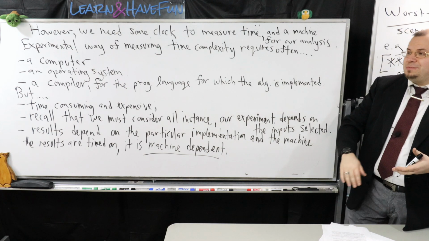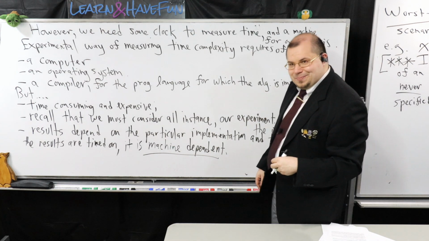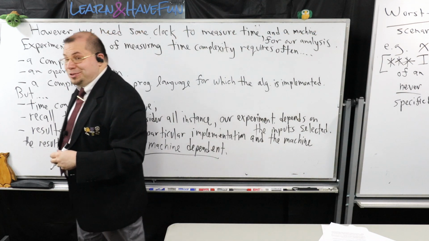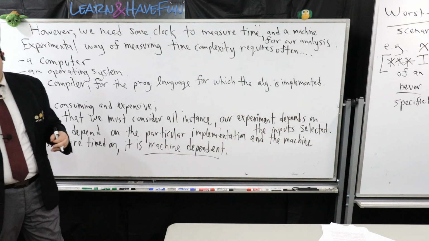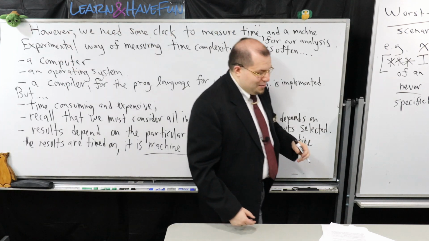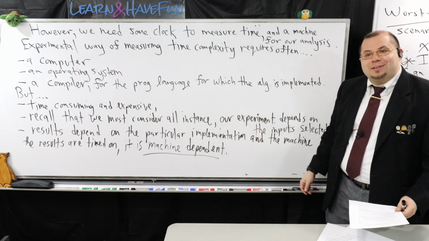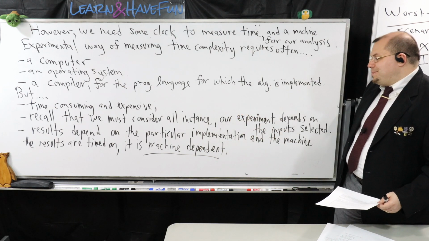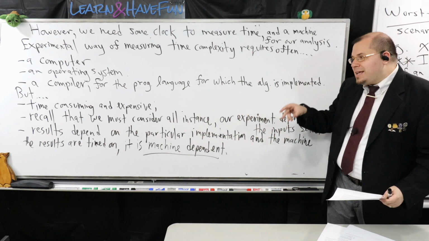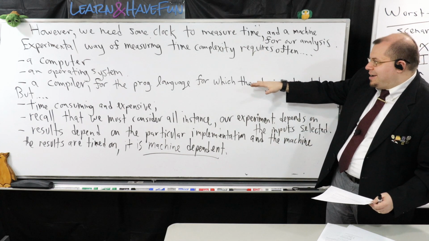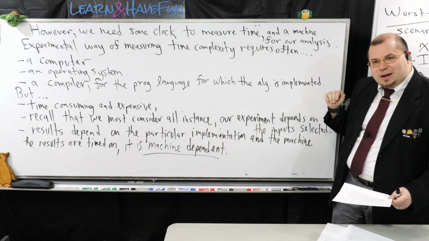So if you take G++ versus Clang, these will do different processes for how they optimize your code. So that might influence the outcomes when you're timing your results. So either way, the big thing here is that it's dependent on several different things in your experiment.